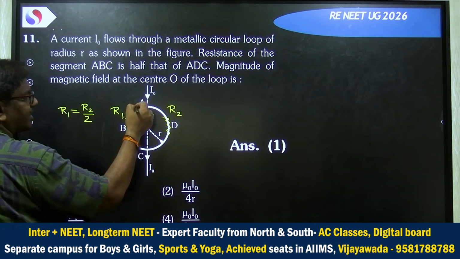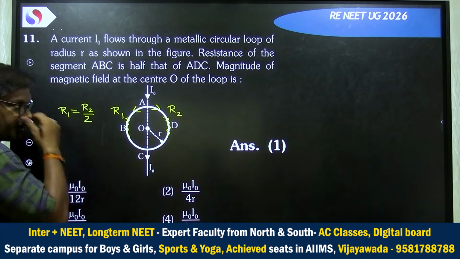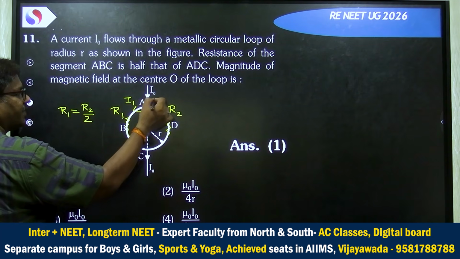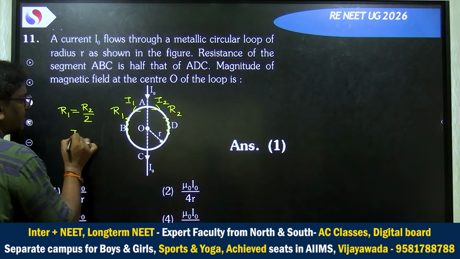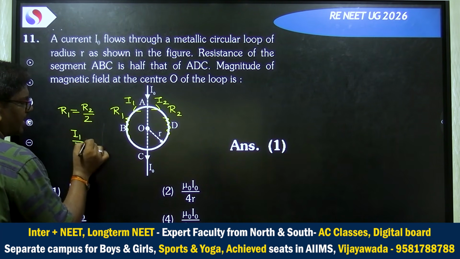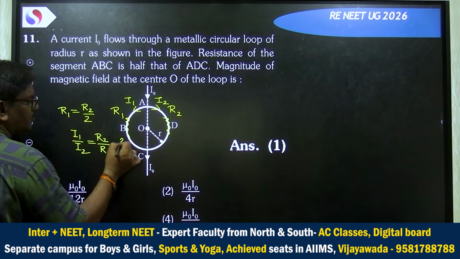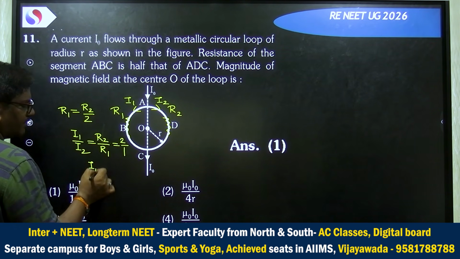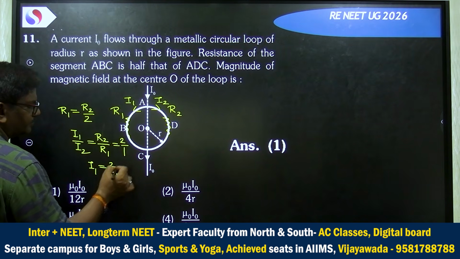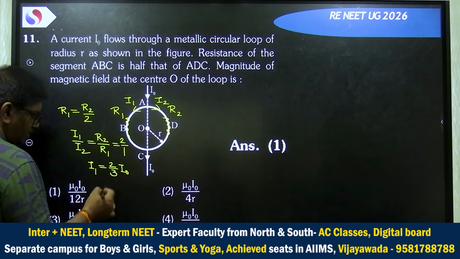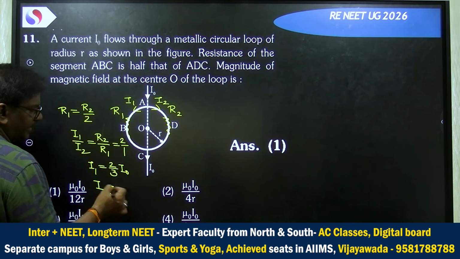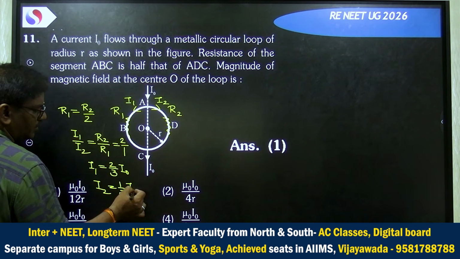That's why when current I is coming, this I is different, this I is different. So if I name it as I1 and I2, then the I1 by I2 ratio will be R2 by R1, which is 2:1. That means I1 will be equal to 2/3 of I0, and I2 will be 1/3 of I naught.